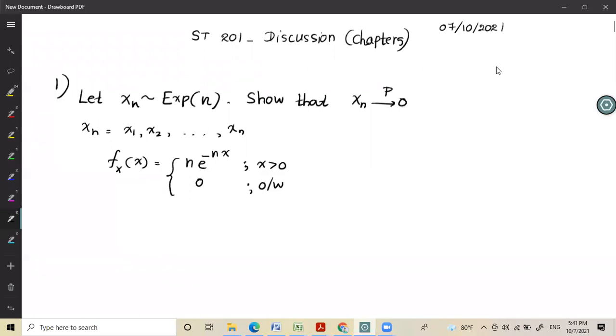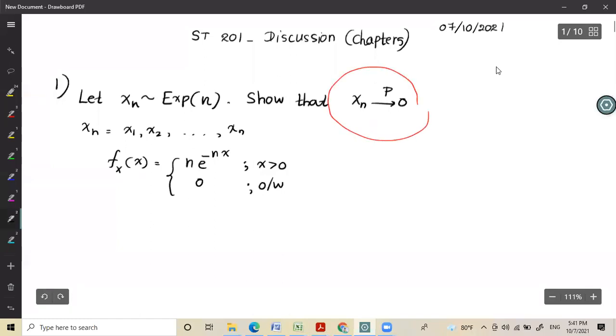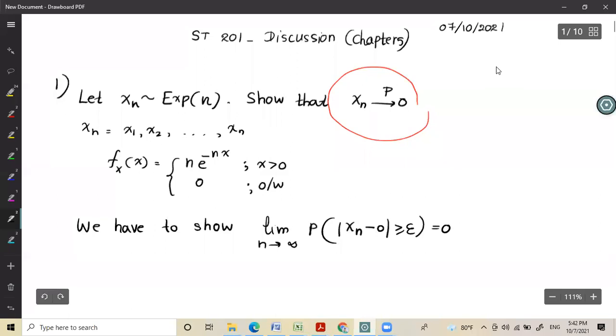What we have to show is that the limit as n goes to infinity of the probability that the absolute value of Xn minus 0 is greater than or equal to epsilon equals 0, for some epsilon greater than 0. This is what you have to show at the end.